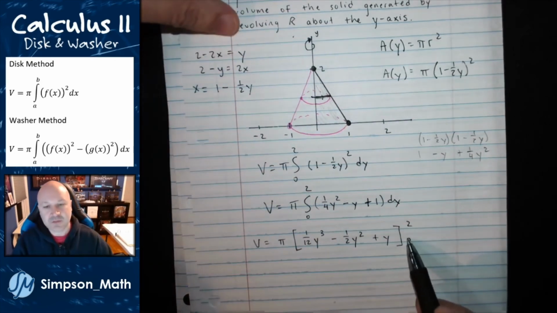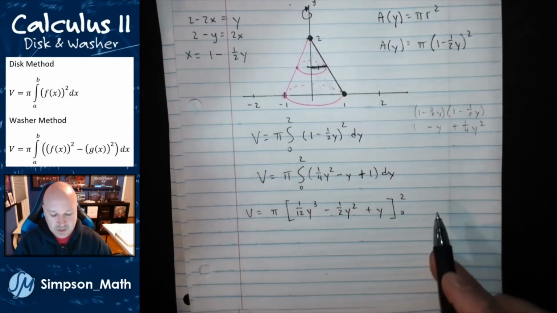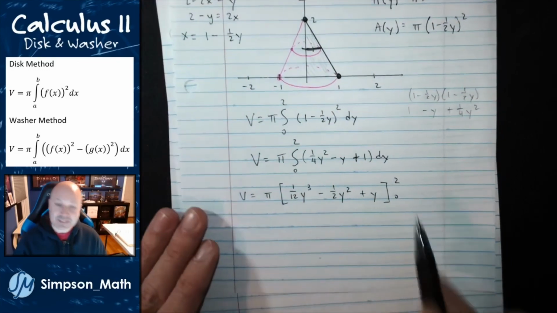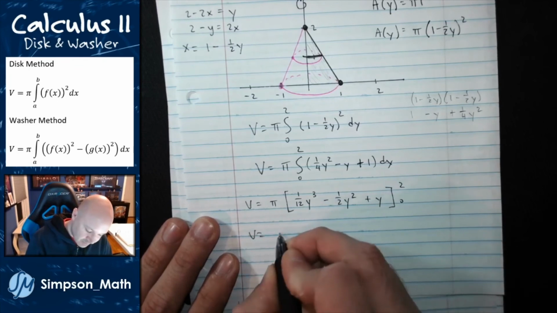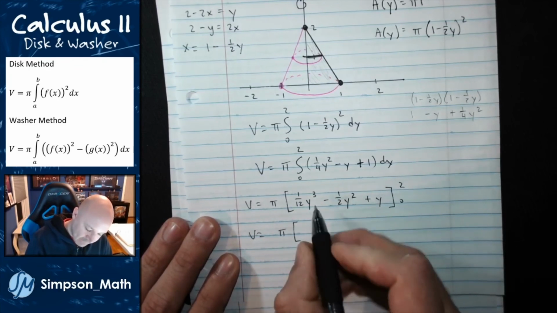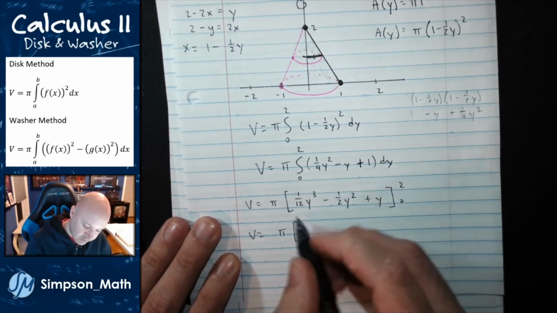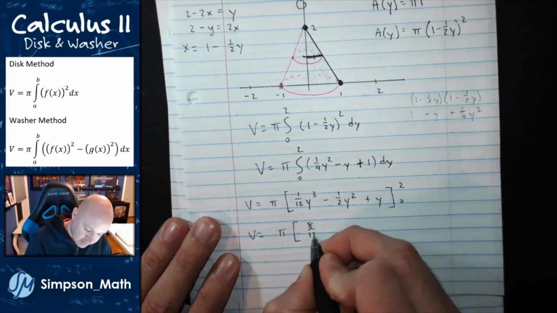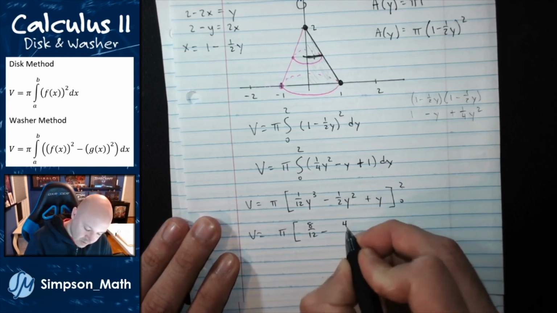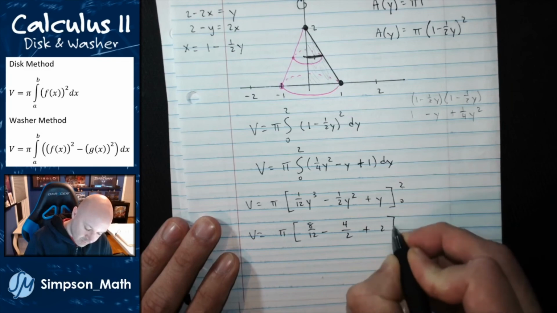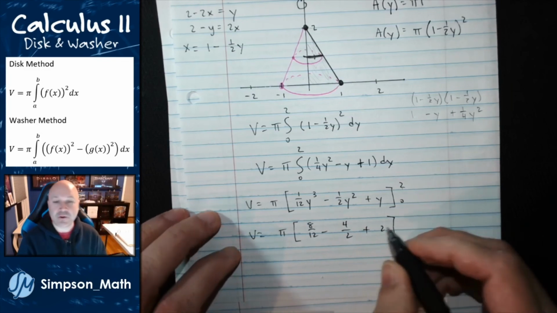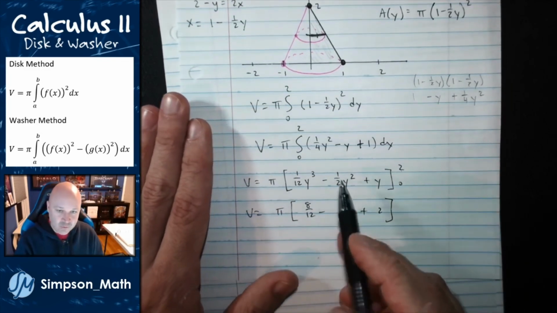Thank you, Mr. Simpson, for continuing to give me these zeros. Makes the calculations easy. Let's see. 2 cubed is 8. 2 squared is 4. There's a minus 0 in there, but it kills off all those y's.